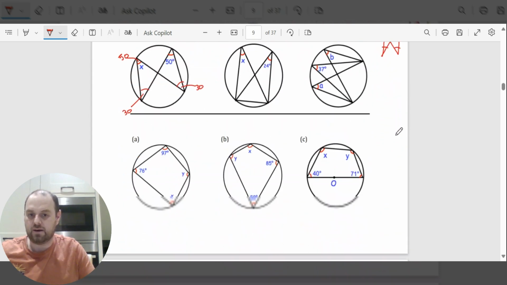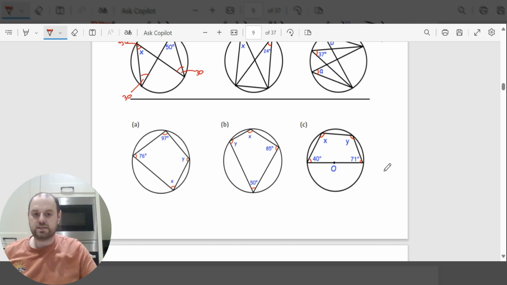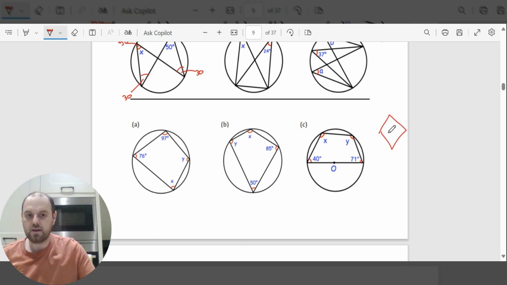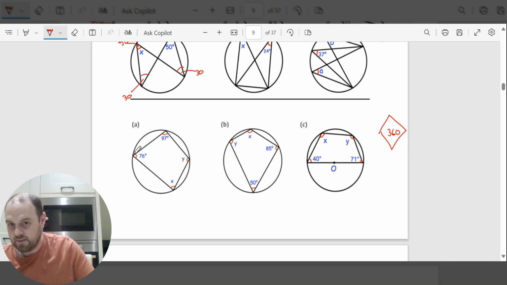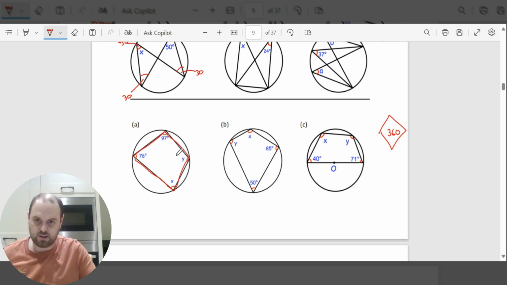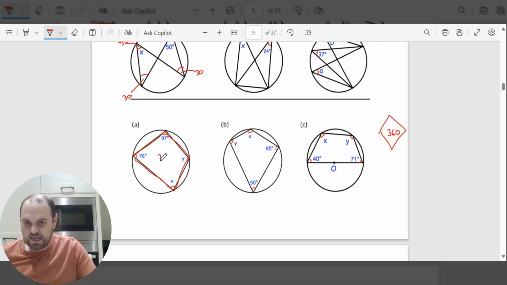And the final one. We just said that the angles inside a four-sided shape add up to 360, but there's a little bit more. If that shape is inside a circle, so for example, a four-sided shape inside a circle, they still add up to 360, but there's an extra rule.